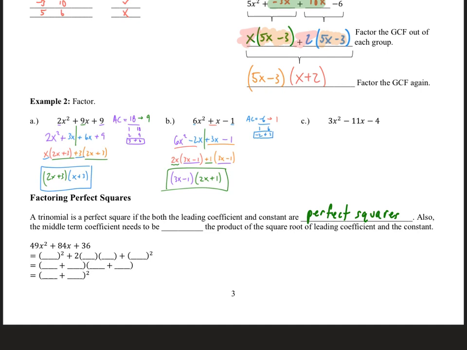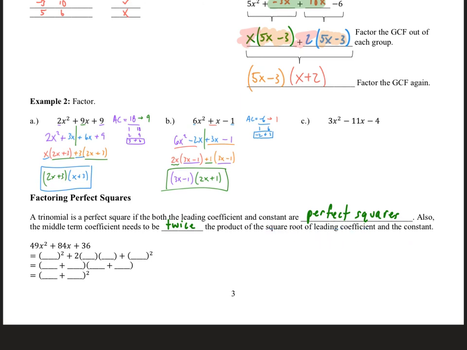Also, the middle term needs to be twice the product of the square root of the leading coefficient and the constant. So it's kind of a weird statement.